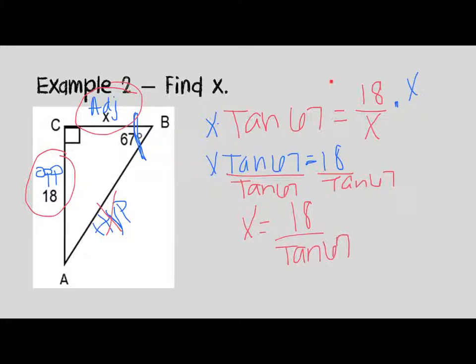And if you'll notice, this equation right here and this equation right here, there's one thing that you've done. You've switched the x and the tangent of 67. So if ever x is on the bottom, you can just switch those. So if you type that into your calculator, 18 divided by the tangent of 67, your x value is 7.641.